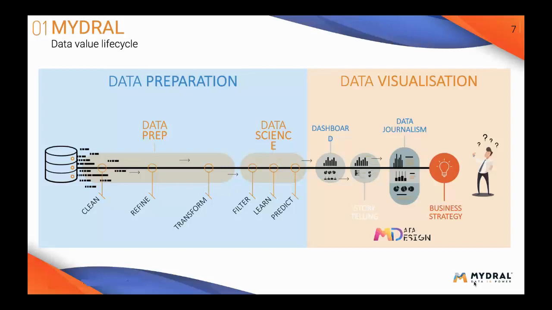So we have the more traditional reports and dashboards, and we can go to what we can call more advanced representation like storytelling or even data journalism, which is something that here at MyJewel we have created, which is essentially combining storytelling with an editorial approach, the same technique that journalists use. And the goal here is to emphasize a specific event or insight from what is usually a complex or maybe a large data set.